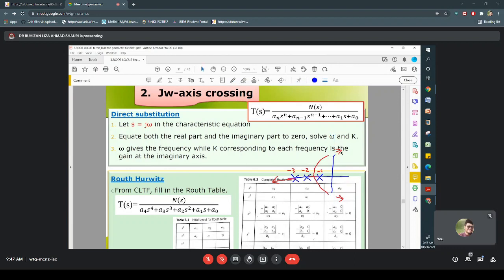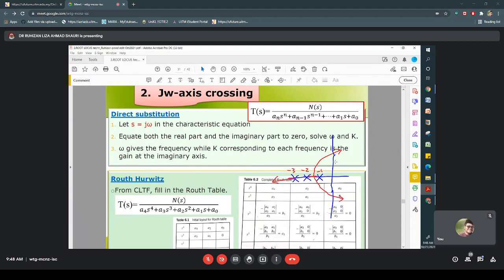You have a crossing of the locus at the j omega axis, here and here, because this needs to be symmetrical. Remember rule number 2: you have to make sure that your locus that breaks out or breaks in needs to be symmetrical about the real axis. So the crossing happened there. That is why you have to use these two rules to calculate the point, and that would be in the next class.